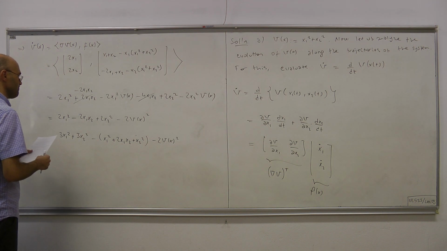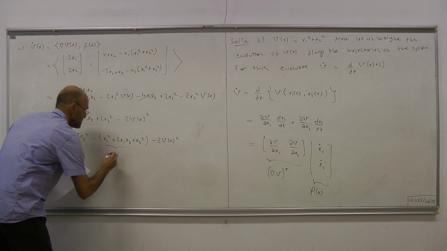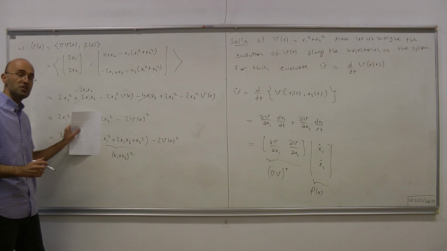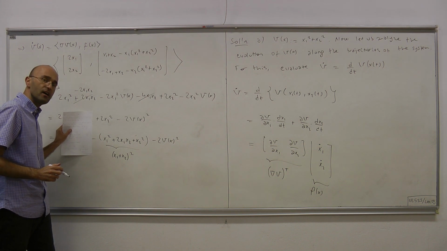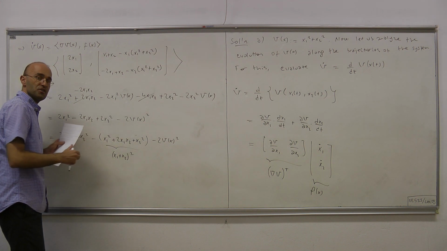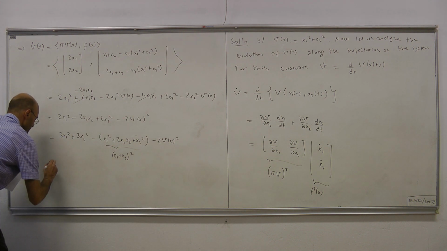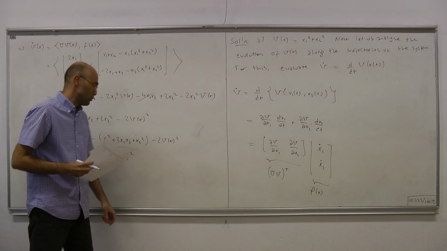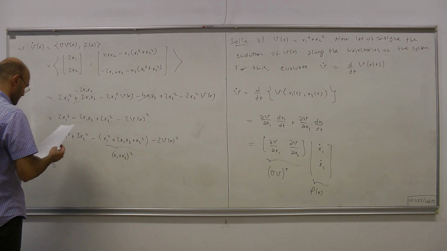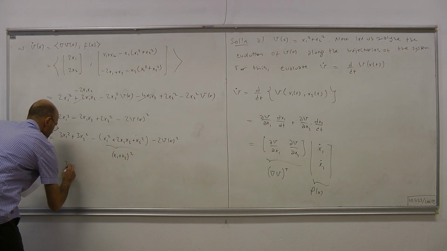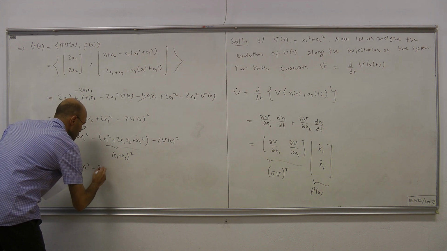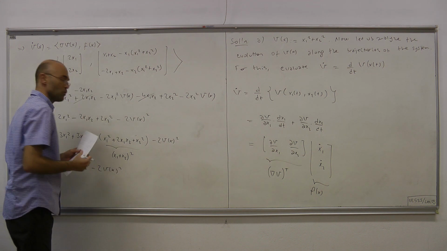And then note that this is (x1 plus x2) squared, which is never negative, but it has a minus sign in front, therefore this is never positive. Since this is never positive, this whole thing is always less than or equal to this plus that, with this term removed. So we have 3x1 squared plus 3x2 squared minus 2V of x squared.